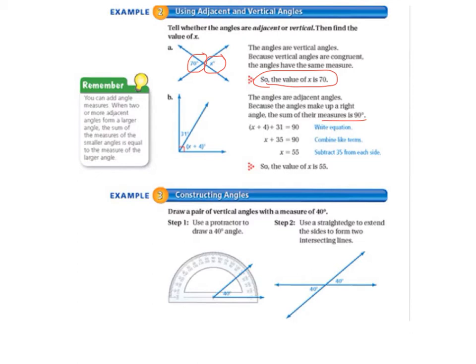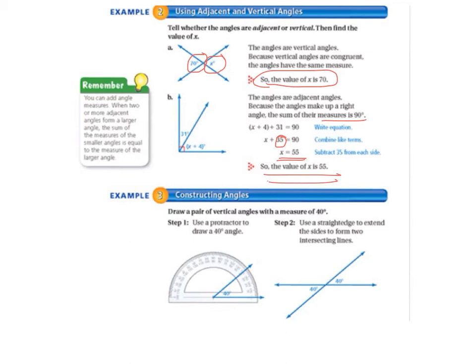So x plus 4 plus 31 equals 90. So all we have to do is solve for x. 31 plus 4 is 35, and then we subtract 35 from both sides, and we end up with x equal to 55. So the value of x is 55 degrees.